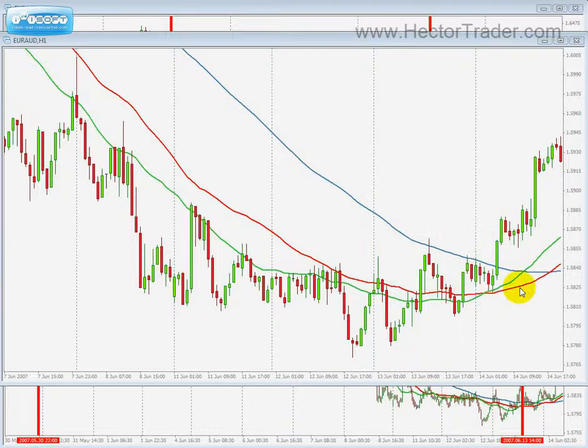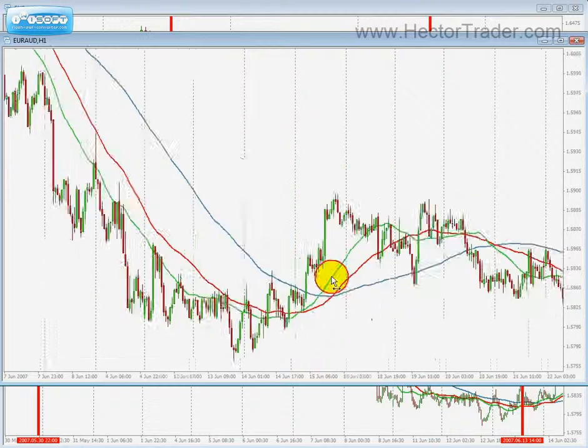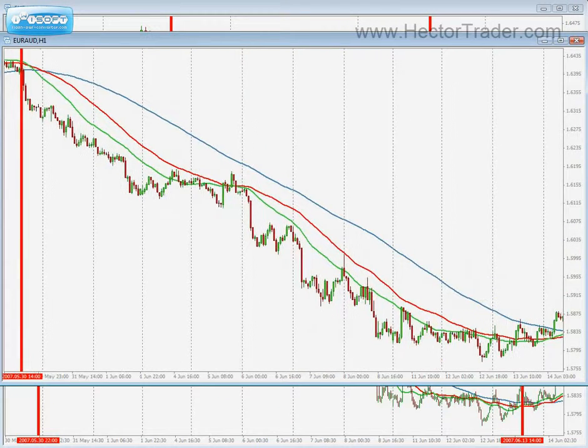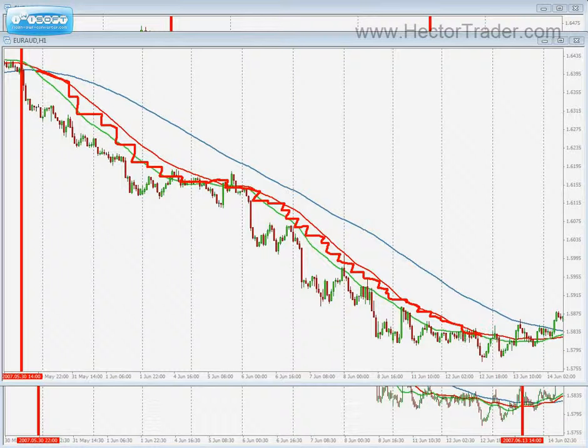This is the importance of following a trend on the right time frame. Okay, in this case, on the daily time frame, because as you can see, the sixth condition was telling us that the best time frame to follow this trend, this euro against the Australian dollar, was indeed the 1 hour time frame, not the 30 minutes time frame, not the 4 hours time frame, the 1 hour time frame.